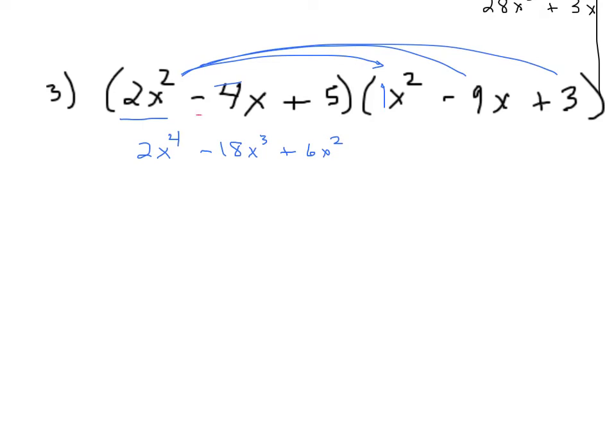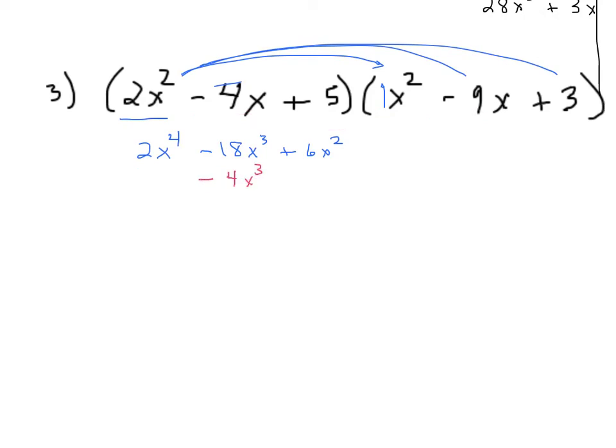Take the next term, it's a negative 4x. Actually, what we really want to do is do this first, right? So the negative 4x times the x squared, that's going to be negative 4x cubed.